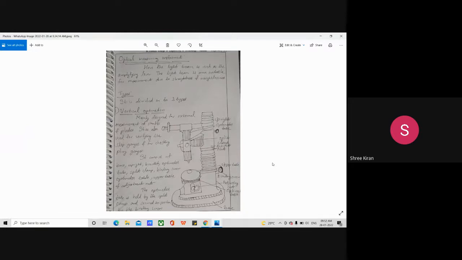And the sixth one is measuring and recording devices whenever required. These are the major essential parts of optical instruments which should be required for the purpose.